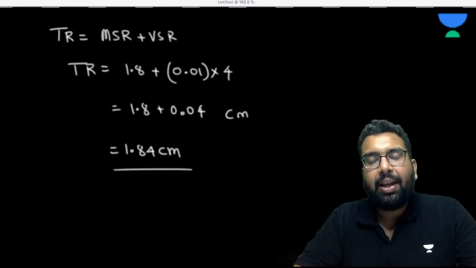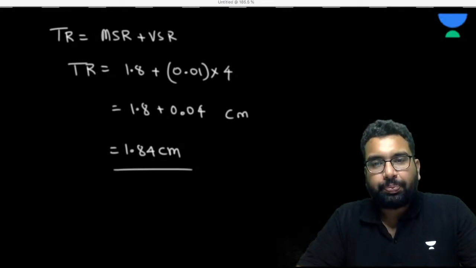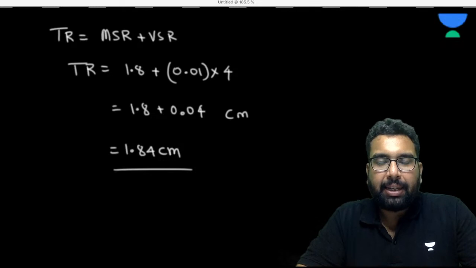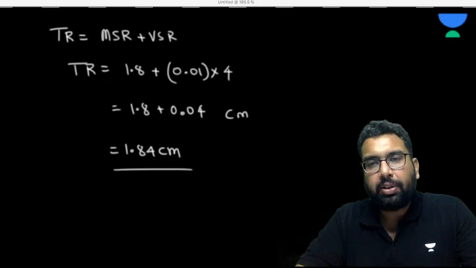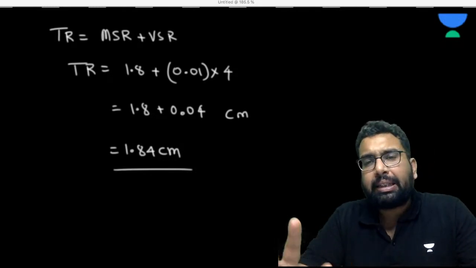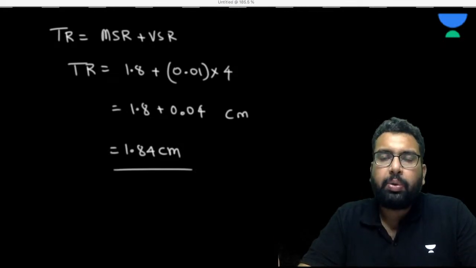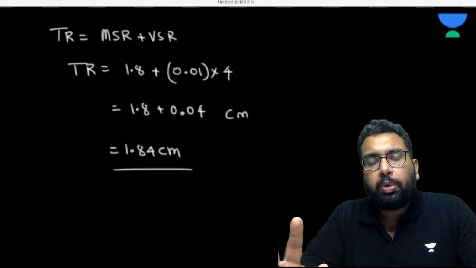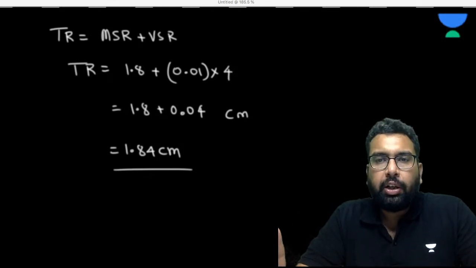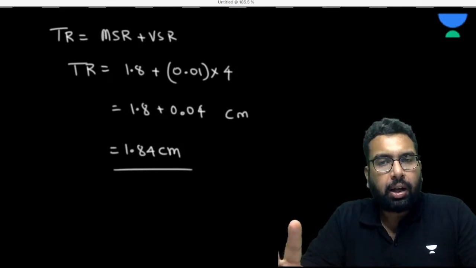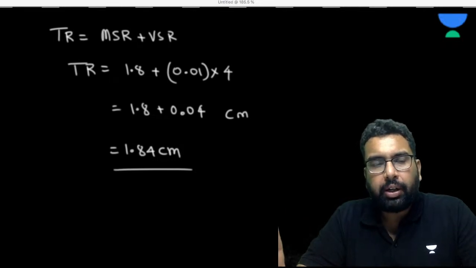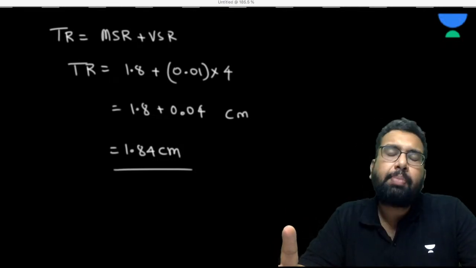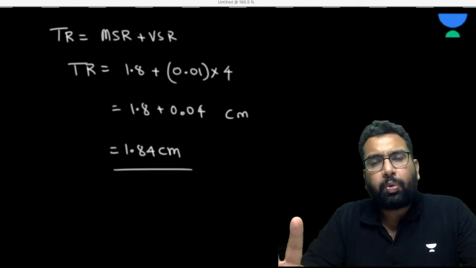Now please understand this. Let's move to the next question. MSD, VSD, I hope that is clear to you. The division thing is clear, and taking the reading is also clear. So I'm going to give you one question which I found very tricky. It is from the JEE examination, and I found it quite good.